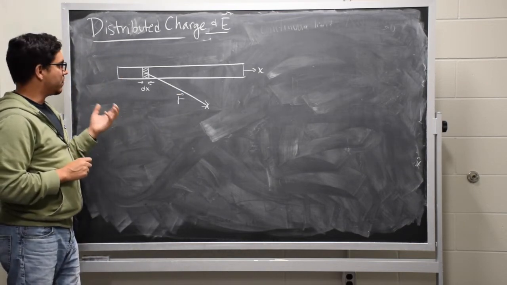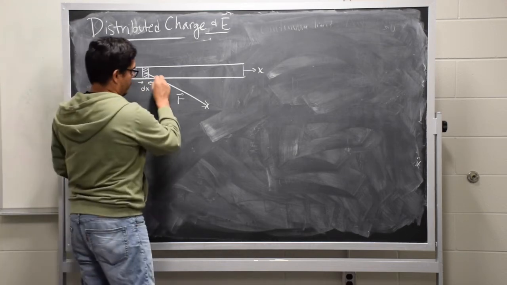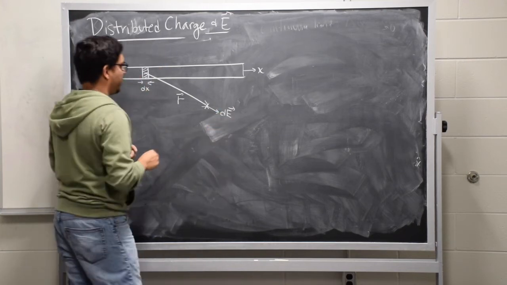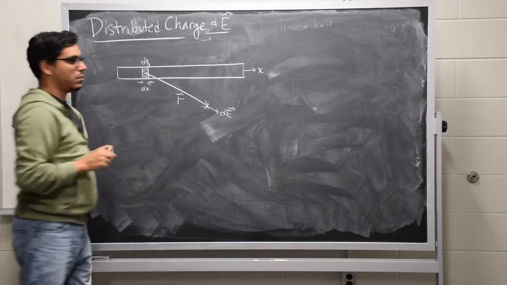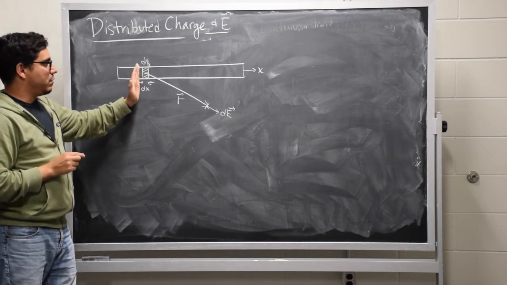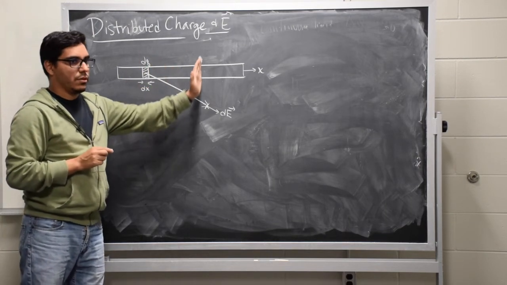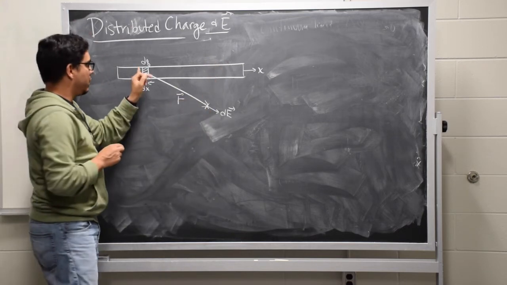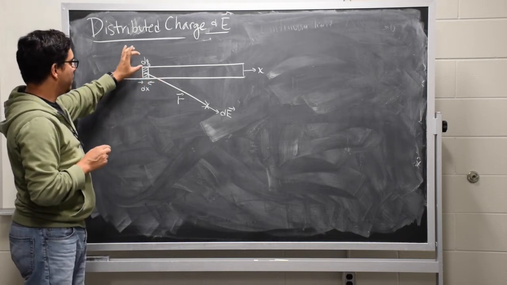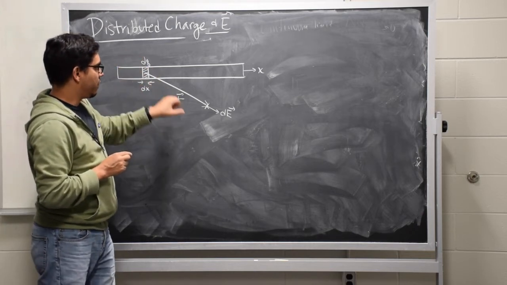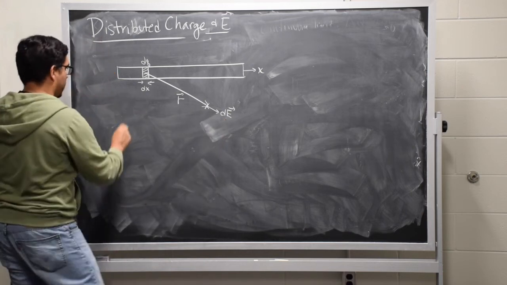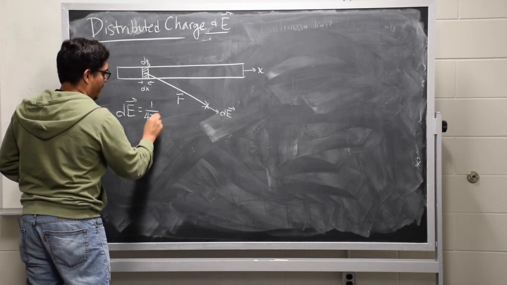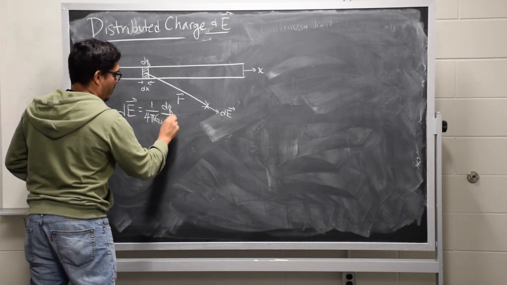So the game that we're playing is that this little chunk of charge produces an electric field, dE, that points like that, due to it having a charge dq. And then we step along and add up every little piece all the way along until we figure out what the total E is. This exact setup, where we have this little chunk of charge this distance away producing this dE, is exactly the idea that each little chunk contributes a point charge of size dq.